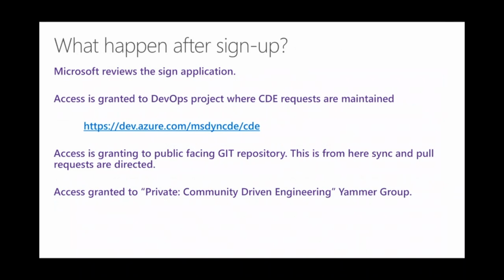Once we have gone through that and agreed that yes, we want to provide access, then there are a couple of resources you are granted access to for becoming enrolled in the CDE program. First of all, we are granting access to a DevOps project, a CDE project where requests are maintained. And this is available at the URL that you see here.